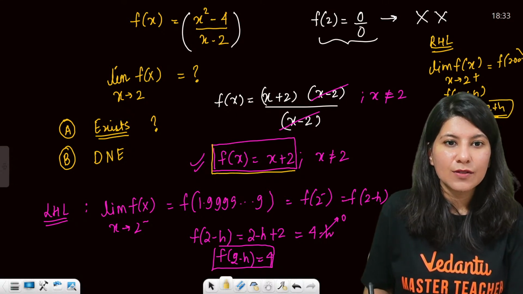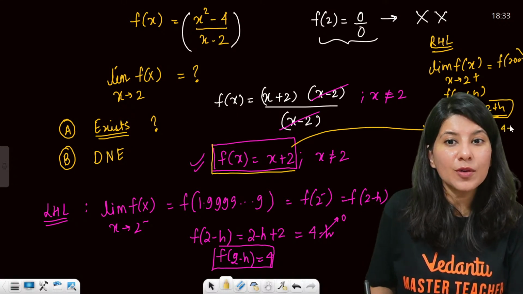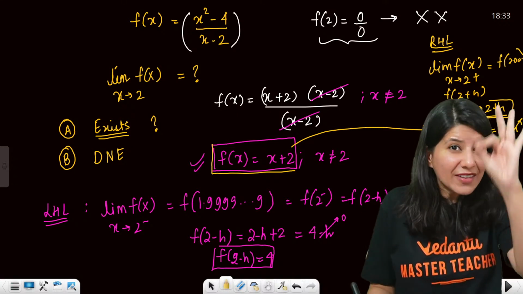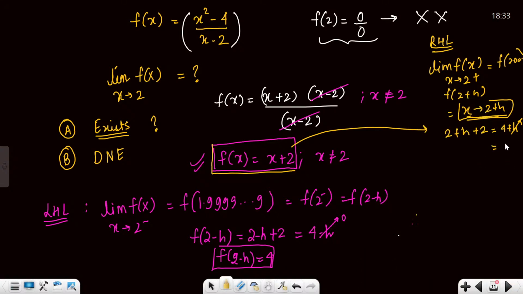Then it is 2 plus h plus 2, so this is 4 plus h. Again, h is a very small quantity, you can plug in 0 in place of h, so this is again 4. So your right hand limit is also coming out as 4. The moment you see that your left hand limit matches your right hand limit, that means the limit exists and is equal to 4, my dear students.